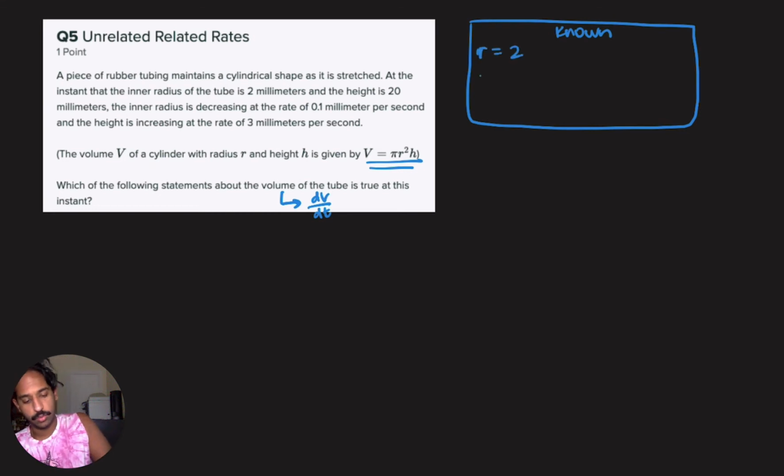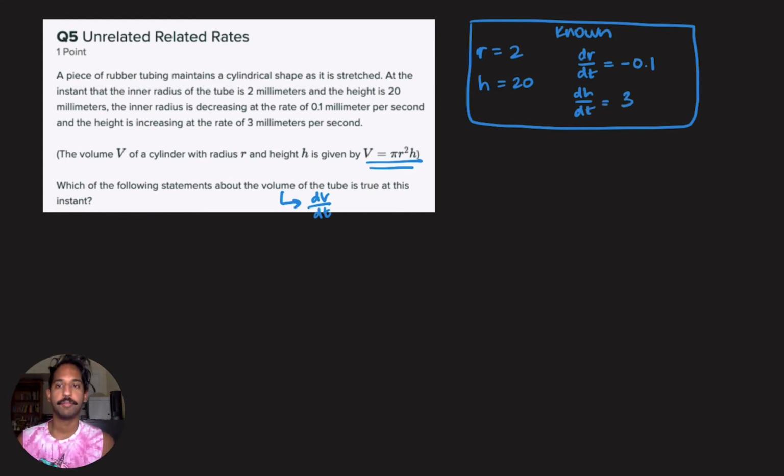The height is 20, so h equals 20. The inner radius is decreasing, so dr/dt is negative 0.1. And dh/dt, the height, is increasing at a rate of 3 millimeters per second. Everything's in the same unit, so we can keep it as we see it.